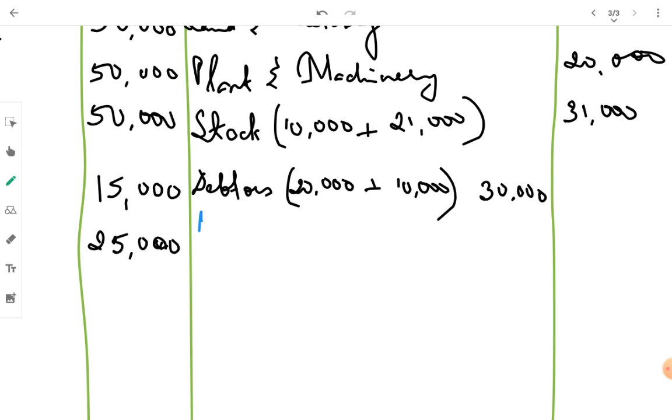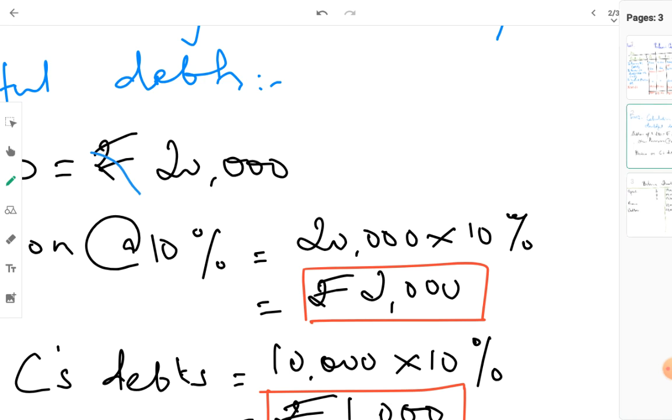So less provision for doubtful debts at the rate of 10%, and you can see it from your working note, where we had calculated the provision for our doubtful debts.